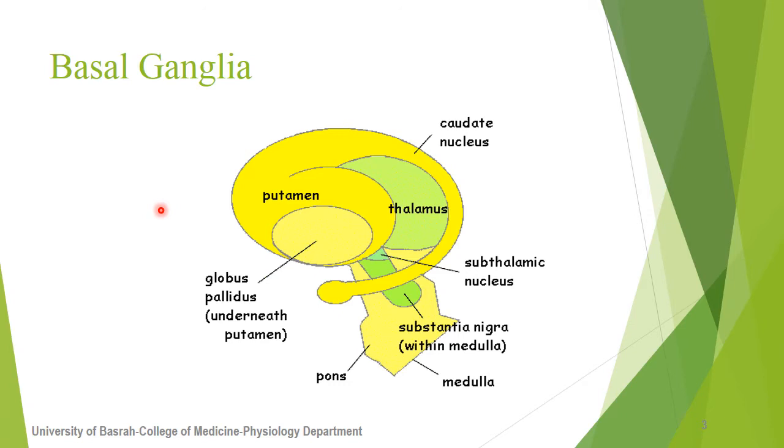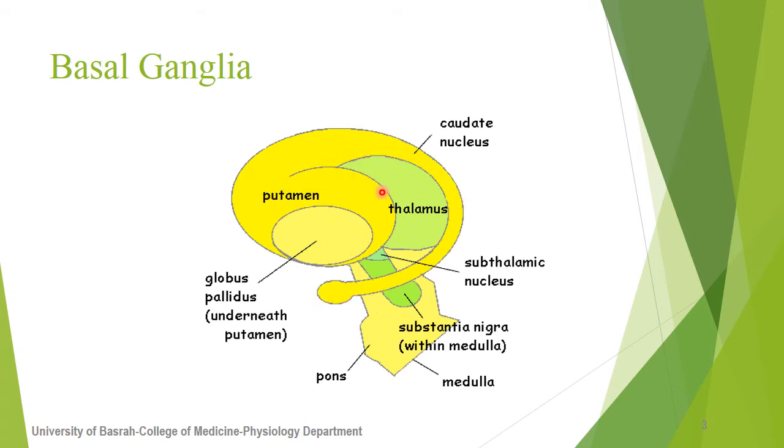We can see this is the basal ganglia. This is the same structure we saw in the previous lecture, but in a larger view. The first one is this C-shaped yellowish nucleus called the caudate nucleus.